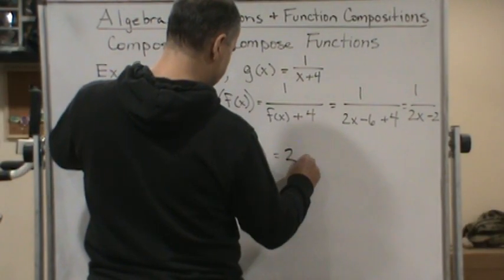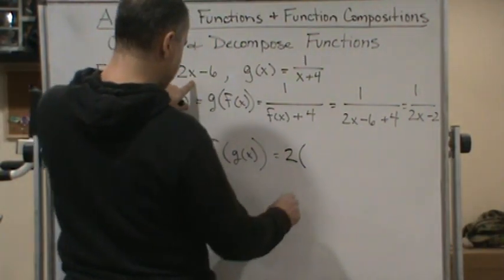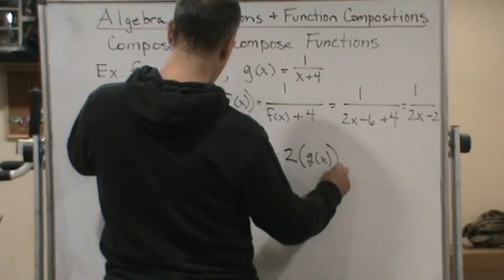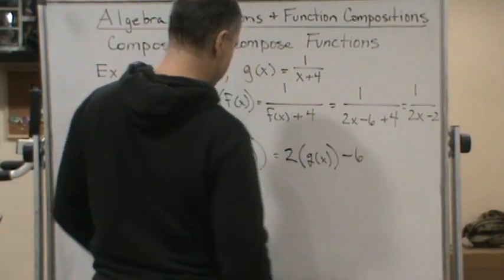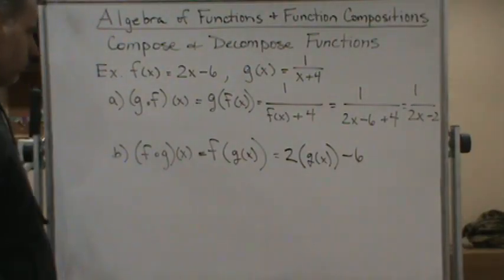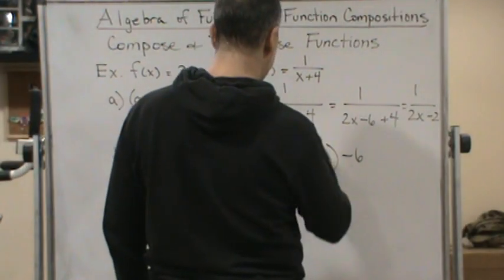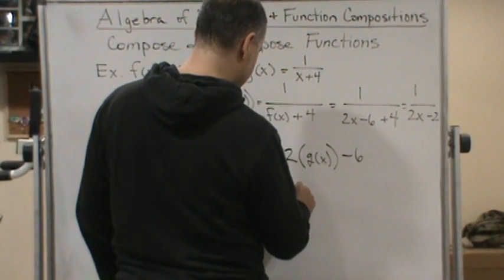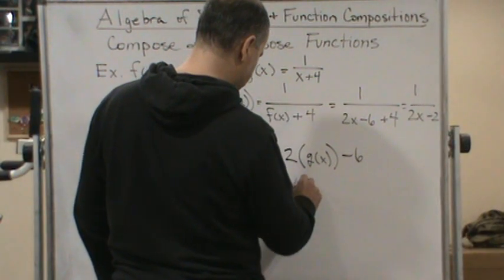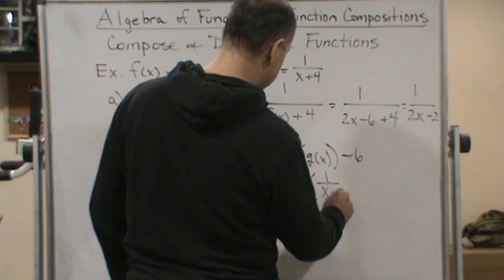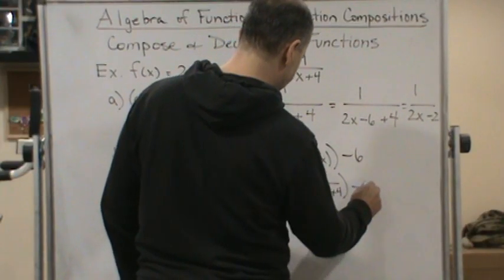F says I'm going to take 2 times g of x minus 6. Okay? And so now g of x is equal to 1 over x plus 4. So that's going to be 2 times 1 over x plus 4 minus 6.